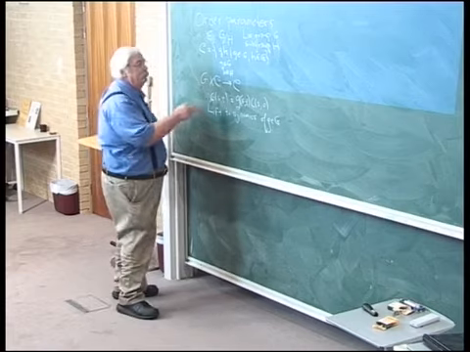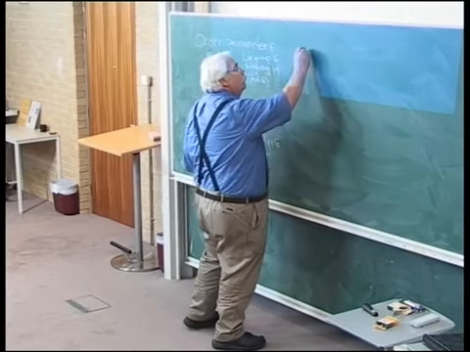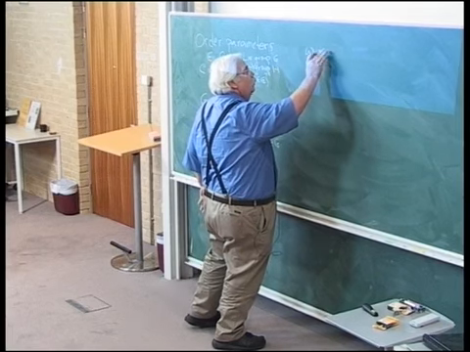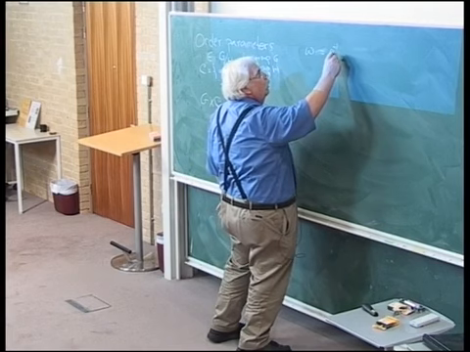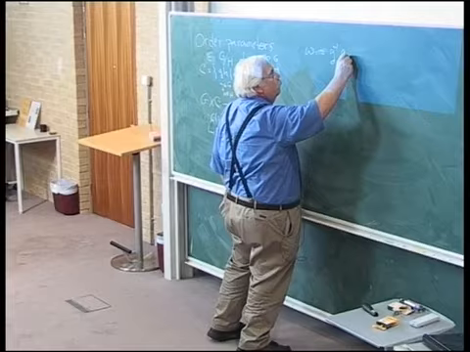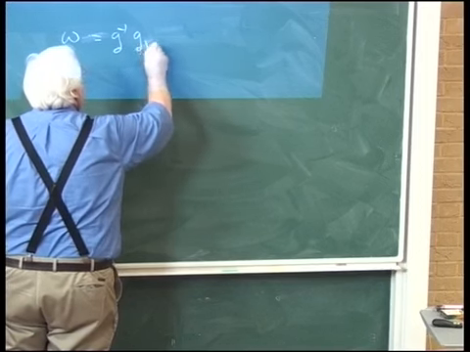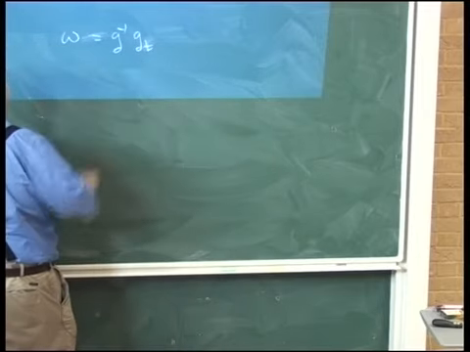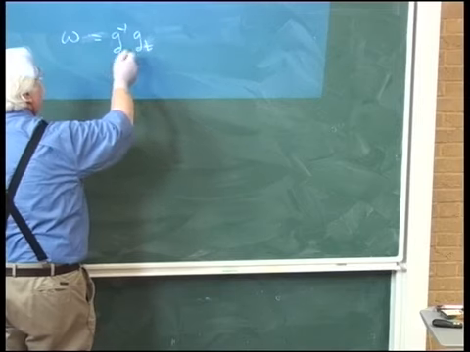Okay, so I want to define derivatives with respect to space and time that are invariant under left actions of the group on itself.